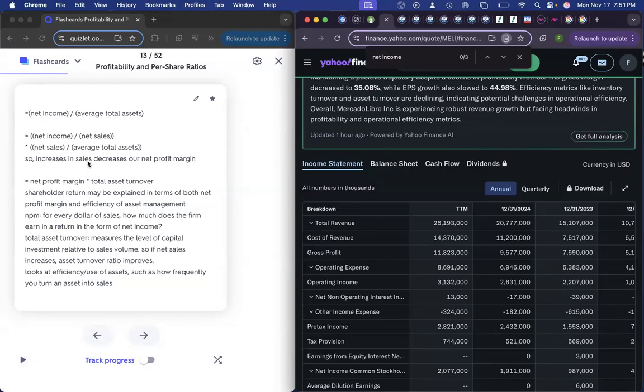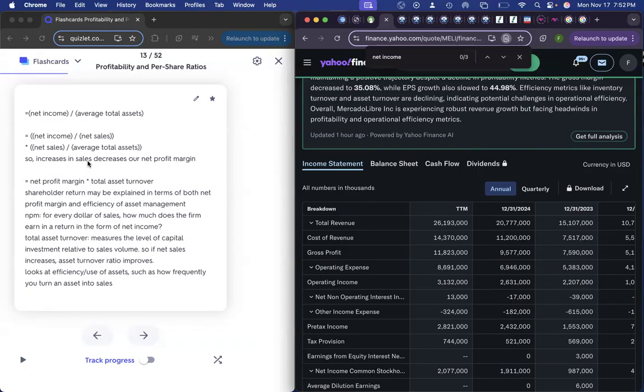So anyway, we have net income divided by net sales times net sales divided by average total assets. We could break that down further into just the net profit margin times total asset turnover. So shareholder return can be explained in terms of both net profit margin and the efficiency of asset management.